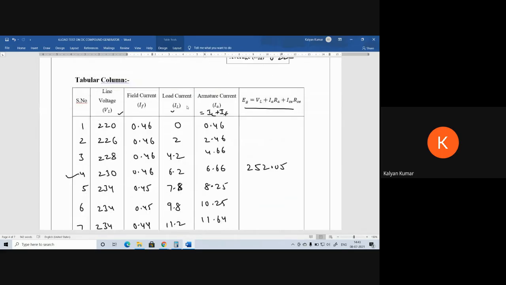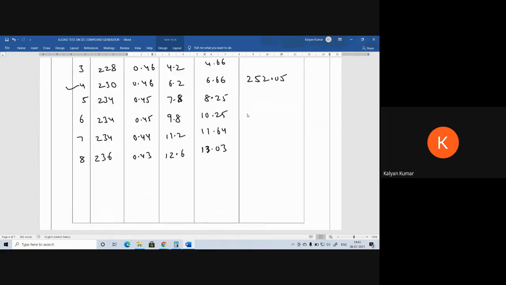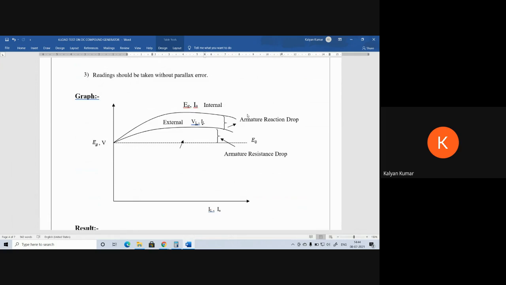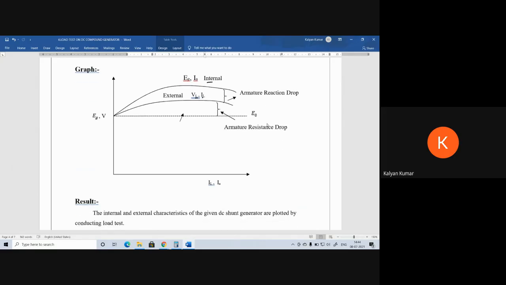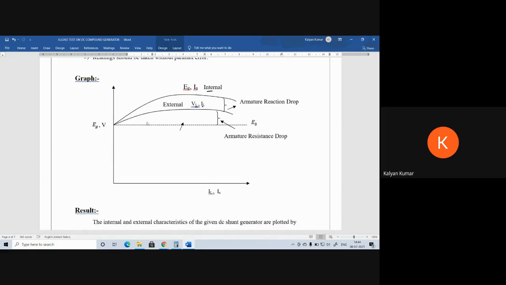And by taking IA on the x-axis and EG on the y-axis, we plot the graph between IA and EG, and then we get the internal characteristics. The gap between these two will represent the armature reaction drop. In this manner, we can plot the internal and external characteristics of a compound generator.